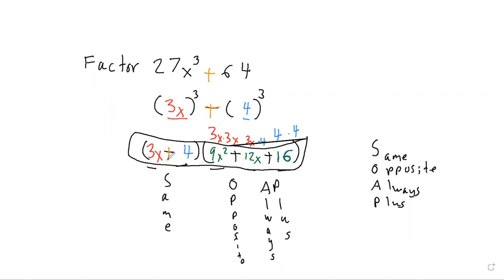The same as a plus is a plus. The opposite of a plus is a minus. And the last term is always a plus. So notice that the problems are very similar, whether it's a plus or a minus in the original problem. You just have to remember SOAP.